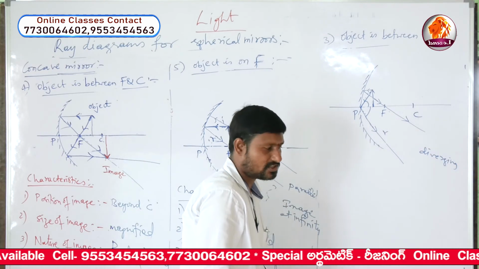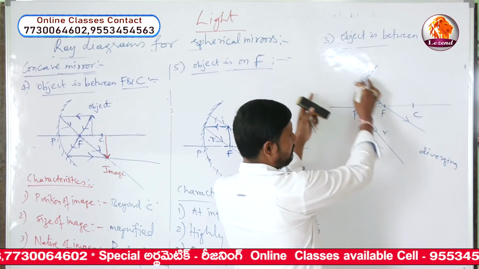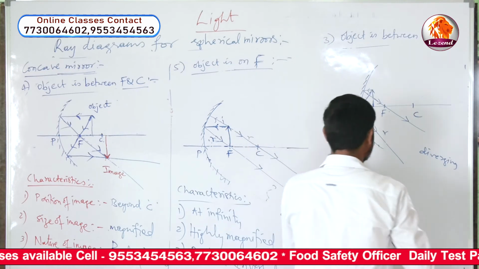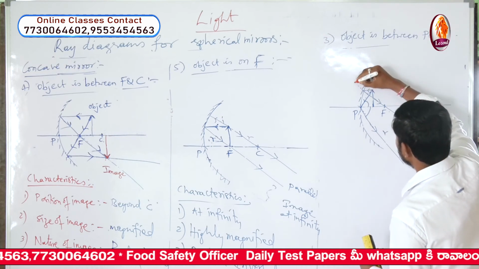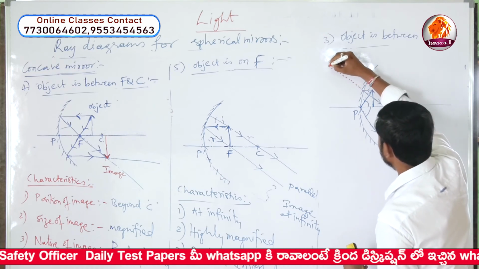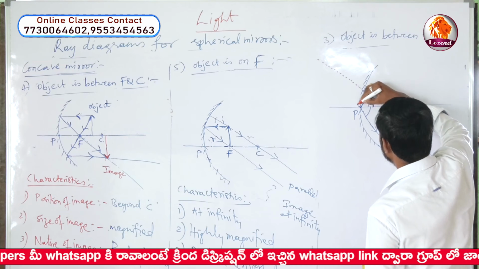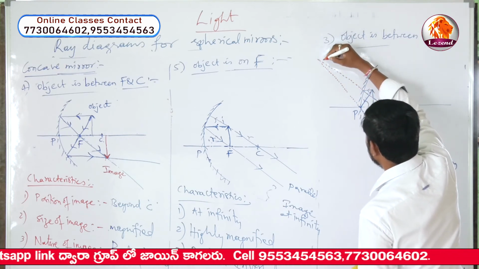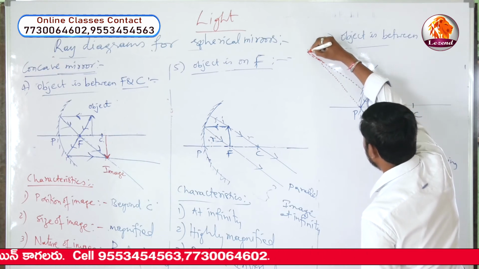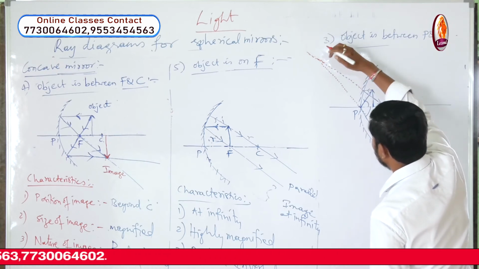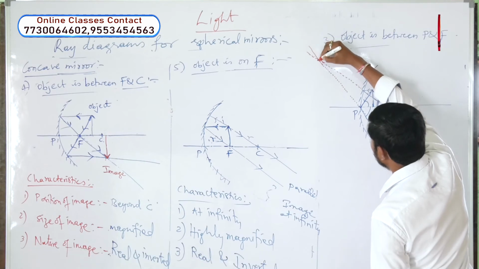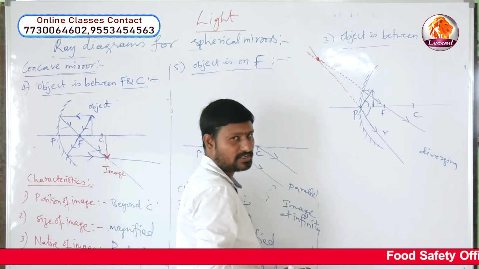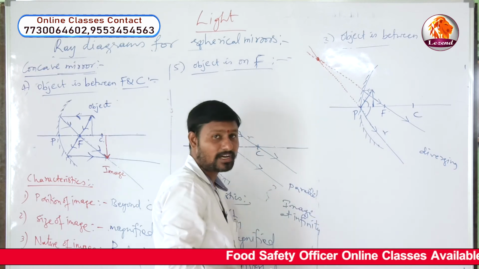But when extended back like this, they appear to meet at a particular point like this. So these two diverging rays appear to come from a certain point where you get the image.